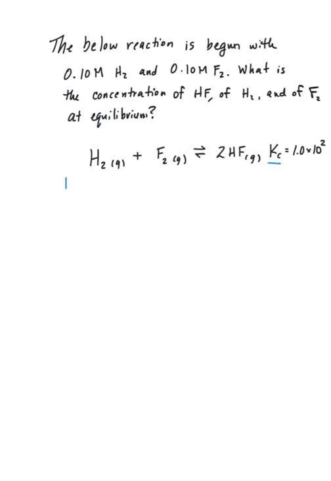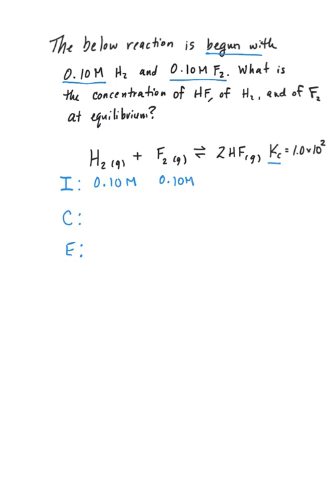We think about what we know about initial conditions, I, how conditions change, C, and ultimately how those conditions arrive at equilibrium, E. To fill in the ICE table, we think about the information we're given. Initially, we're told that the reaction is begun with 0.1 molar hydrogen and 0.1 molar fluorine, so we can fill in our ICE table with those quantities.